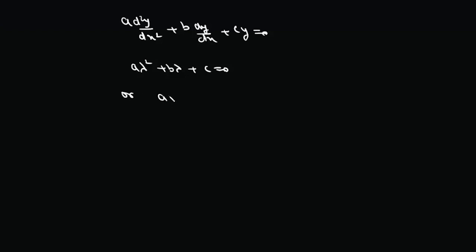So it will be this (aD square plus bD plus c) into y equals to 0, where this itself is its characteristic equation.